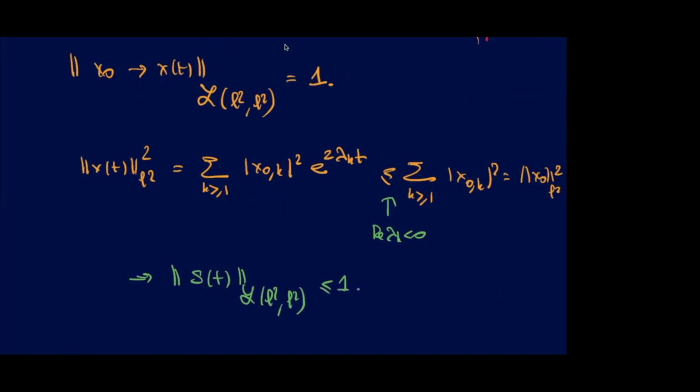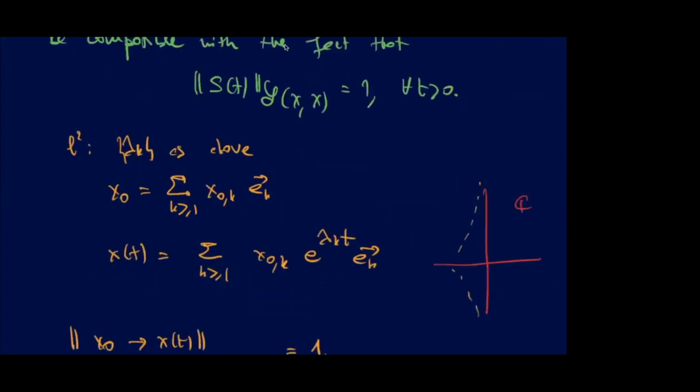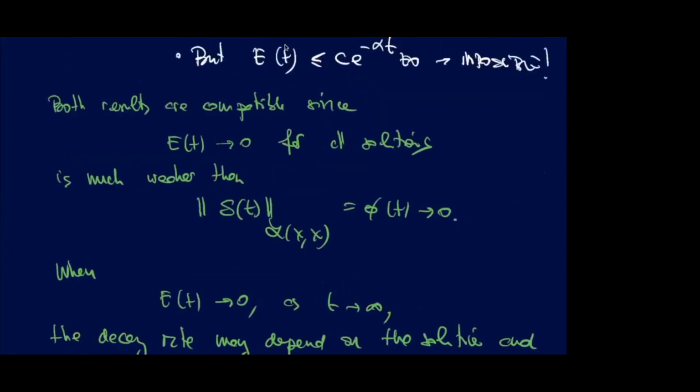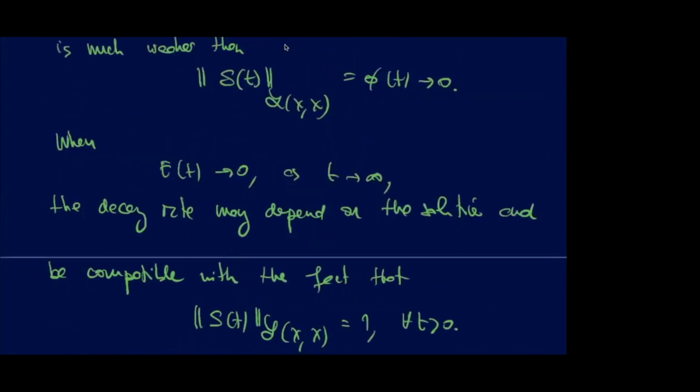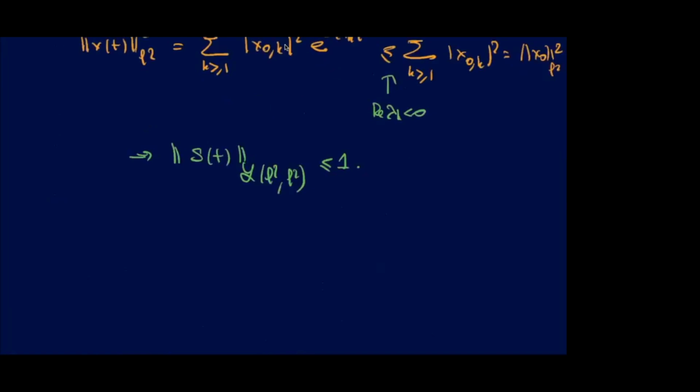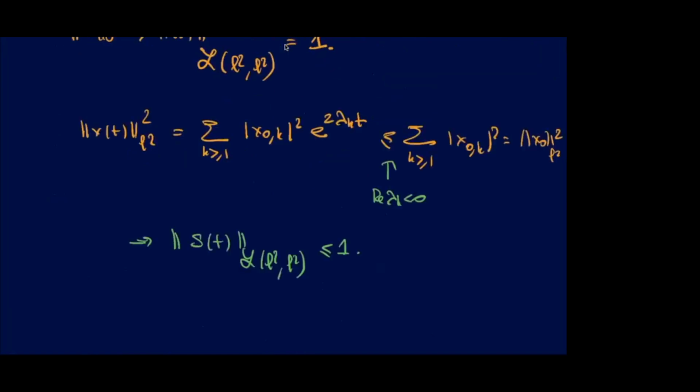But I ask you, is it less than 1 really? And then I tell you no, because whenever you choose a number gamma which is less than 1, you could always find a lambda k, for k very large, which is even slower.